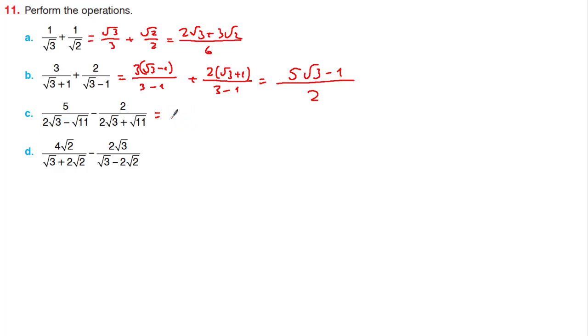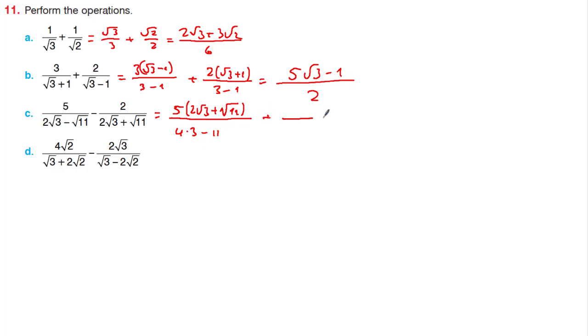Let's perform same operations here. Under C, we can rationalize the first fraction to 5 times 2 root of 3 plus root of 11 over 4 times 3 minus 11.